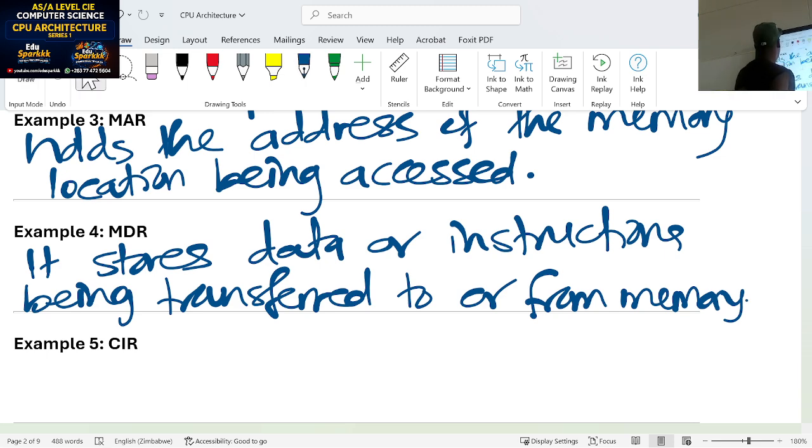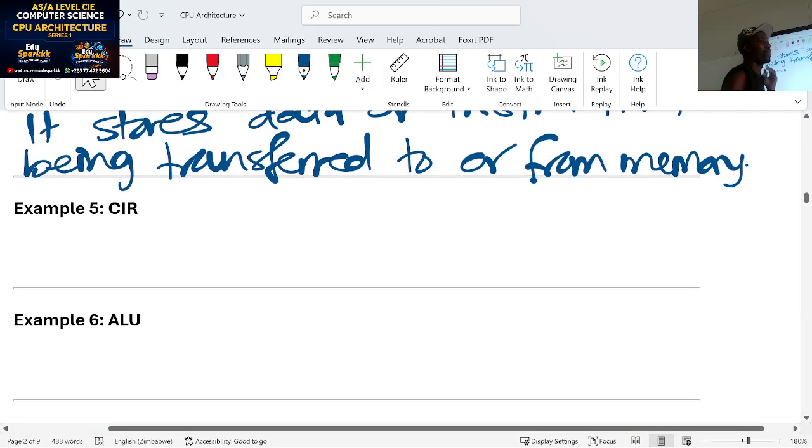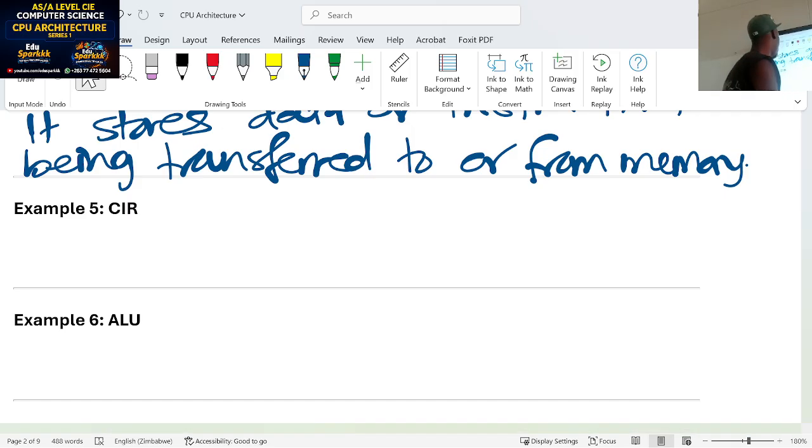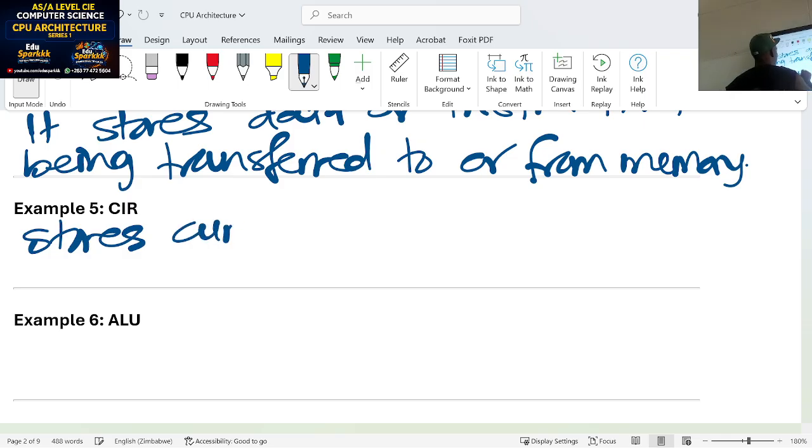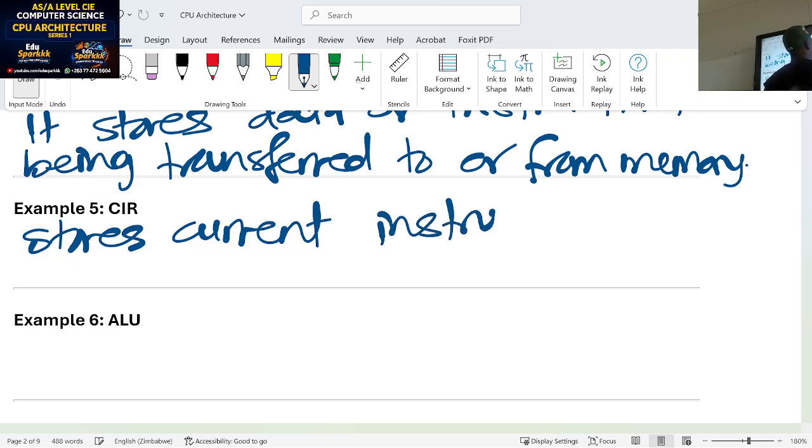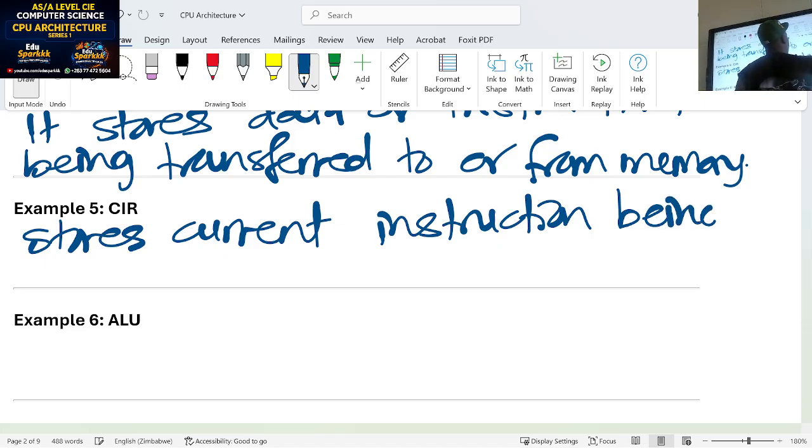Then current instruction register. When we talk of current, it's like what is happening currently. So this stores the current instruction being decoded and executed.